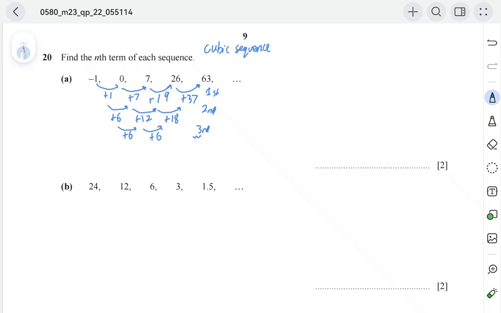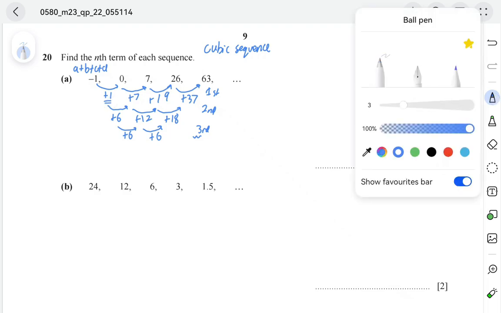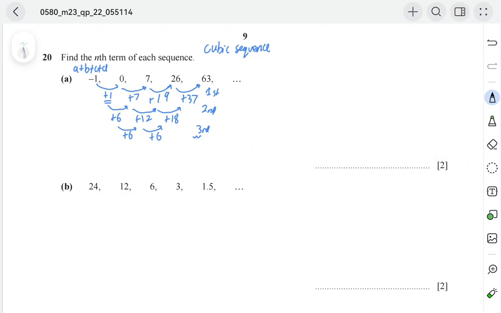And for cubic sequences, there's a set formula we have to remember. The original first term is a plus b plus c plus d. The first term of the first interval is 7a plus 3b plus c.